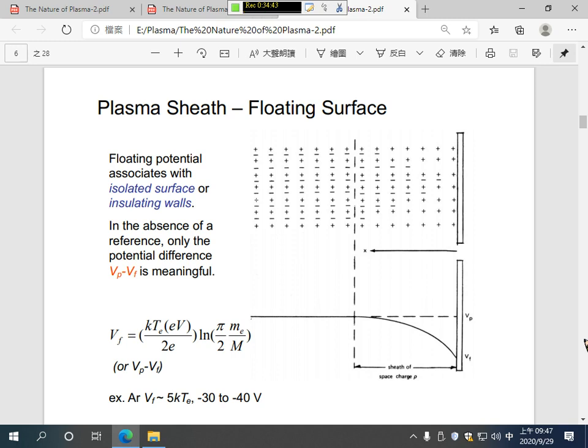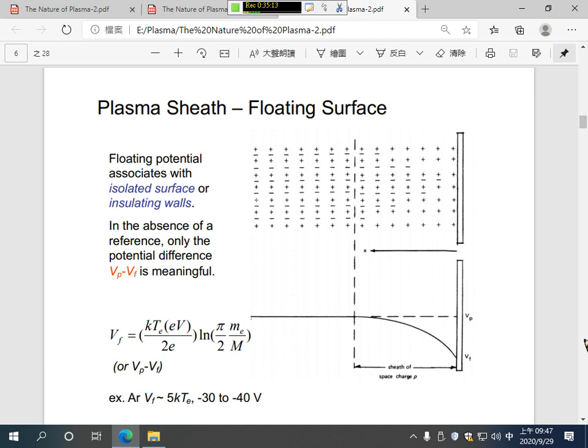So again, the surface of the plastic substrate is collided by electrons and ions, and we can calculate the flux of electrons and the flux of ions. At the beginning, the flux of electrons is larger than the flux of ions.